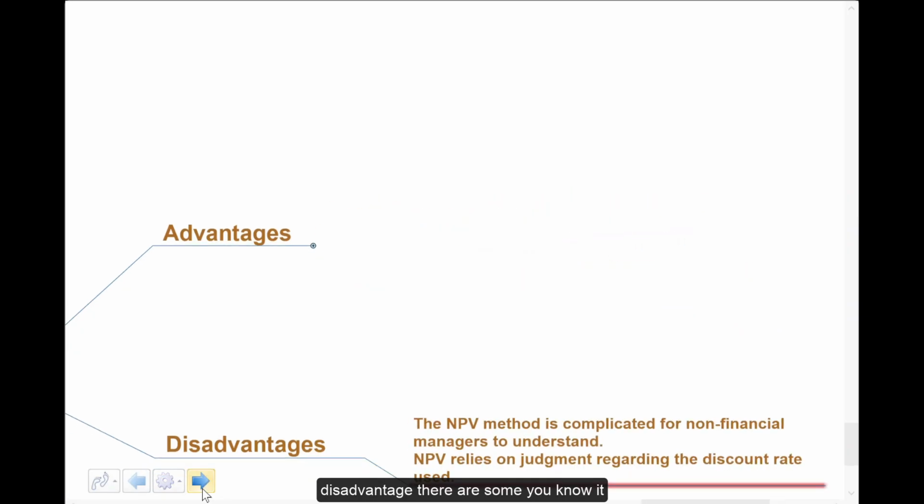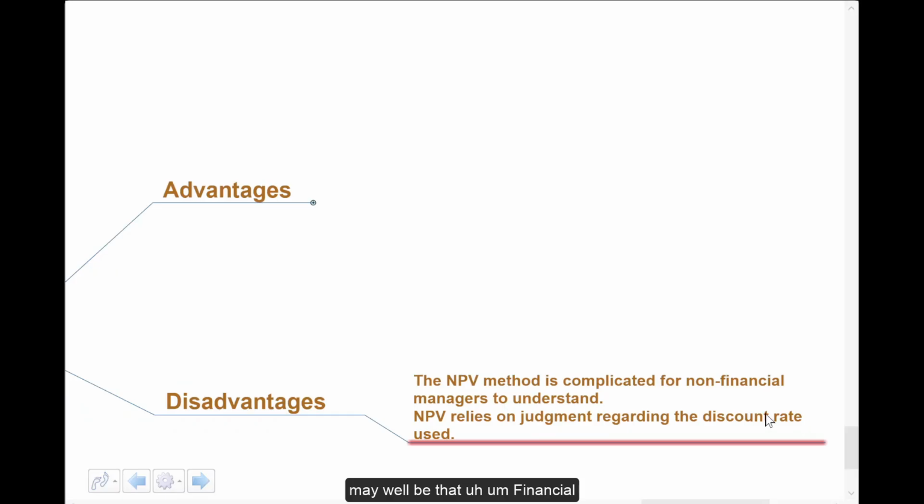In terms of disadvantages, there are some. It may well be that financial managers find this slightly difficult to understand, although broadly speaking, it's linked to time value of money and inflation. In addition to that, and probably a much, much bigger concern with NPV, is the discount rate used.